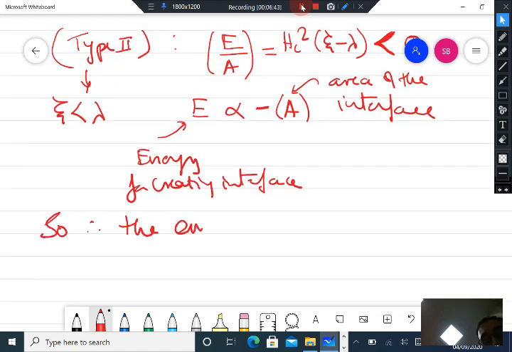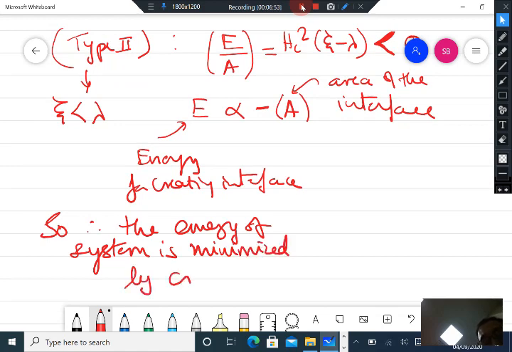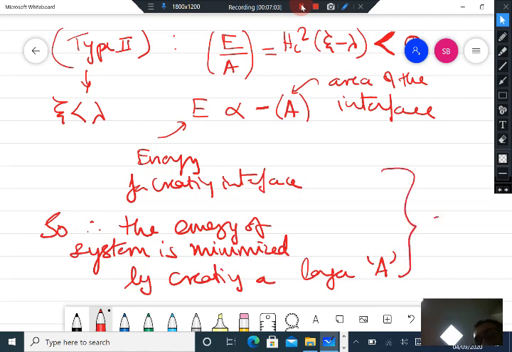So therefore, the energy of the system is minimized by creating a larger A. You can see that for type 2 superconductors, the energy of the system will be minimized if you start creating larger and larger interface areas.